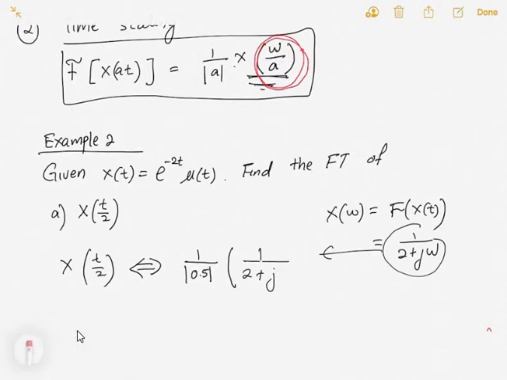Okay, so we do it as omega over 0.5 because a is 0.5. So now what do we have? So 1 over 0.5 we get 2, and then 2 plus 2j omega. Okay, do you get it?